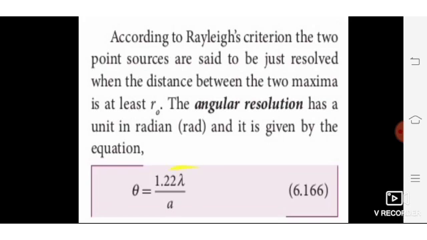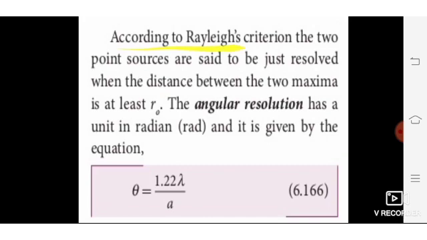So r0 is modified to theta, where theta is equal to 1.22 lambda divided by a. Already you know that r0 is equal to 1.22 lambda f divided by a.